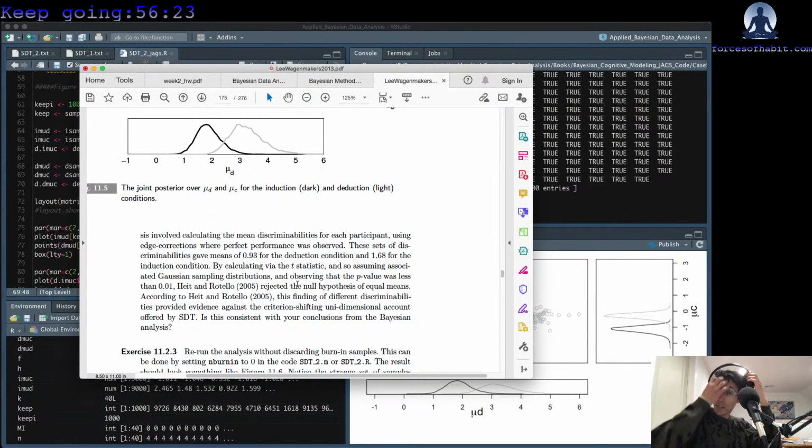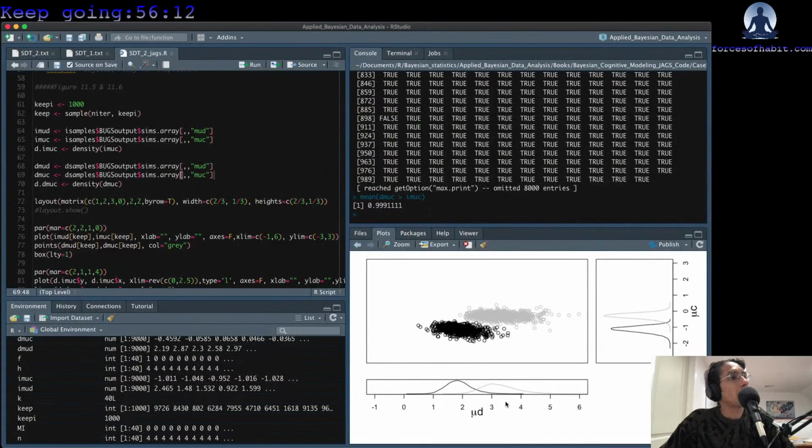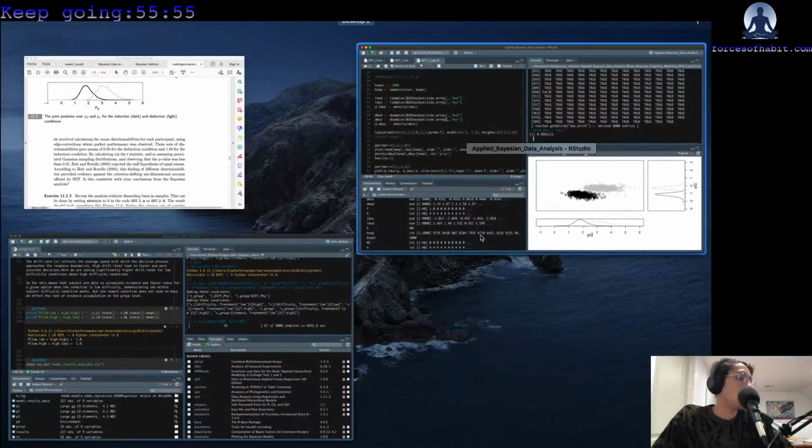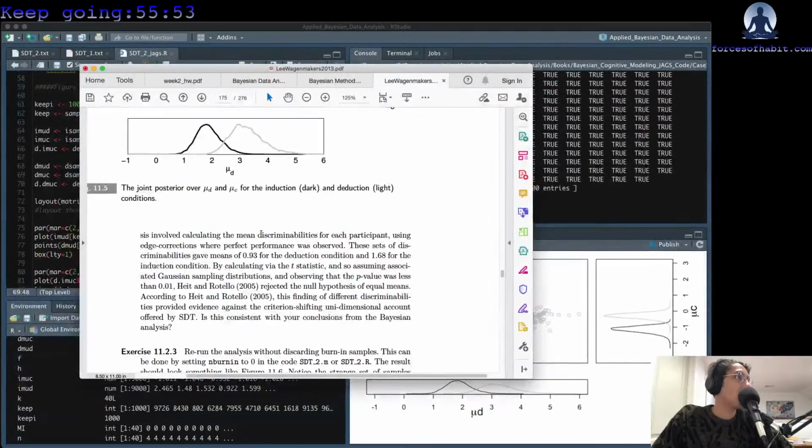If the point of this question is just for me to show, right, because I found here that there's definitely a significant difference between the two, though the difference that I observed is one where values for discriminability for the inductive condition, or deductive condition, are larger.